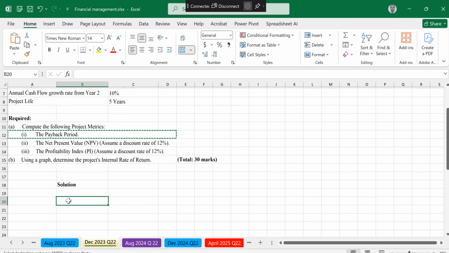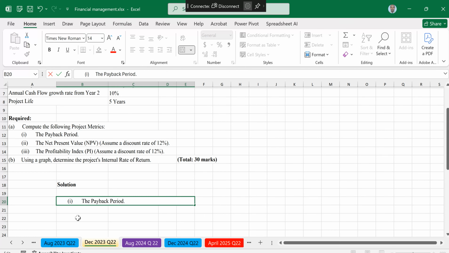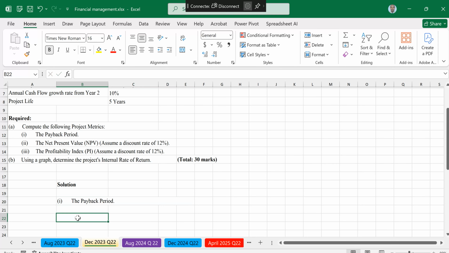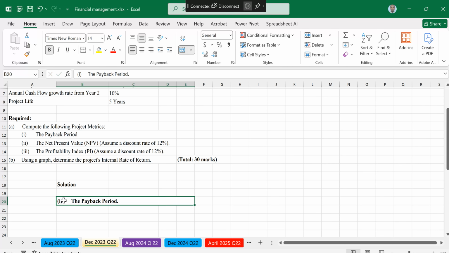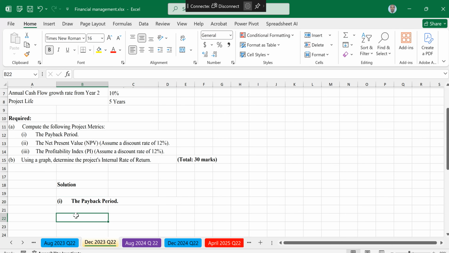So payback period, which I believe we are in a position to do. There is no function for payback period, of course. For payback period, you need the year.